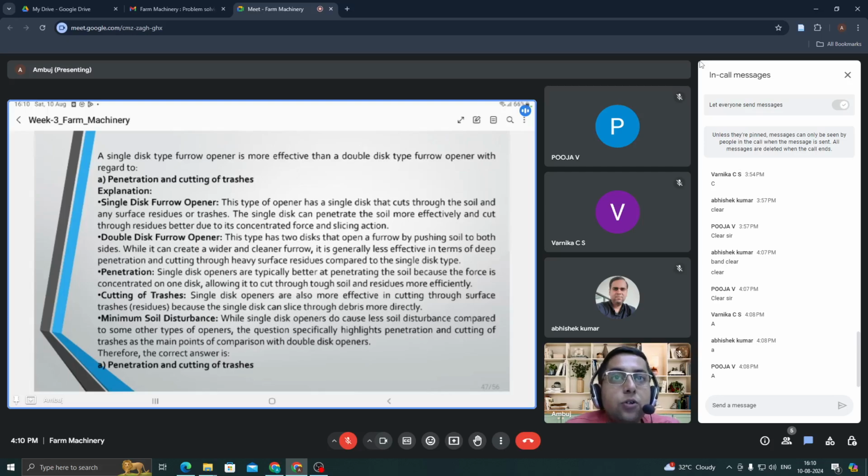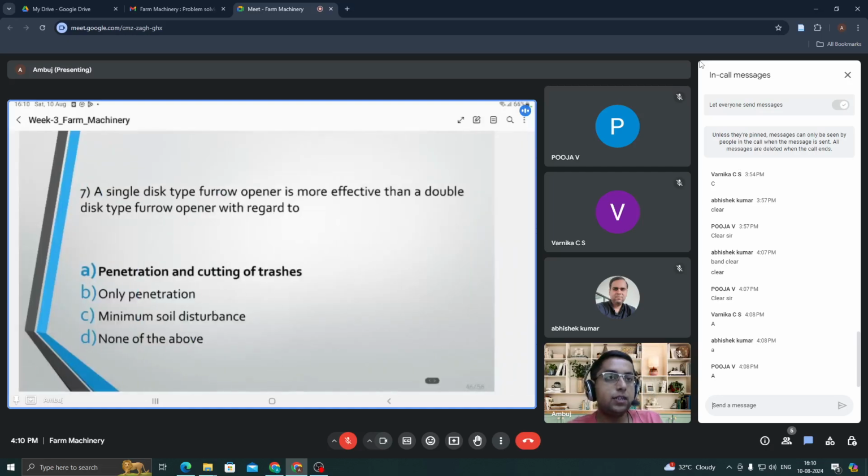In case of cutting of trashes also, the single disc type furrow openers are more effective in cutting through surface trashes because the single disc can slice through debris more easily. This one is the explanation. For minimum soil disturbance, I think yes, C option was there.